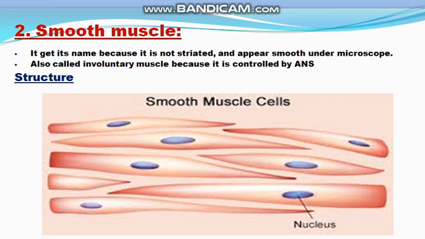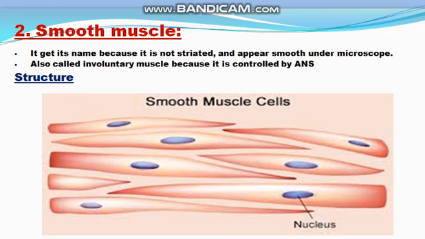Second type of muscle is the smooth muscle. It gets its name because it is not striated. It appears smooth under the microscope and it is also called the involuntary muscle because it is not under our control but is controlled by the autonomic nervous system, that is ANS.